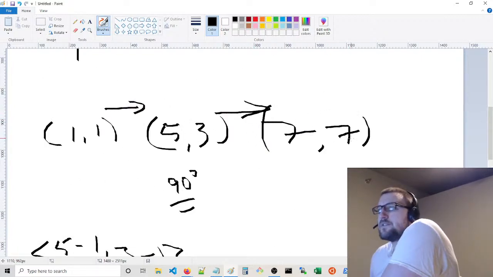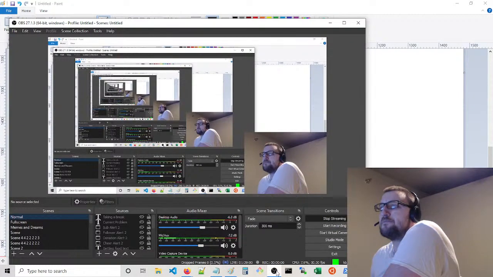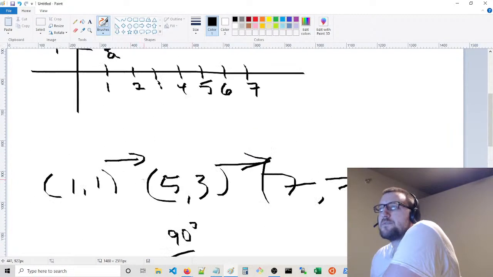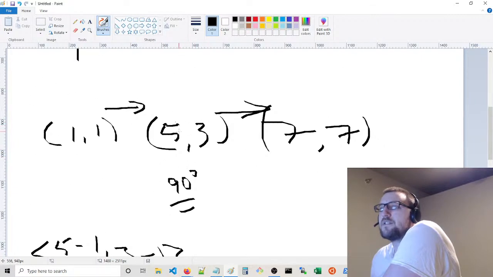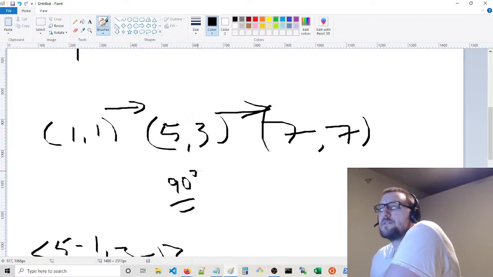Seven minus 5 is 2, 7 minus 3 is 4, so we get 2, 4. Like an hour and a half in here. So 4, 2, 2, 4, yeah. These vectors are indeed 90 degrees from each other.